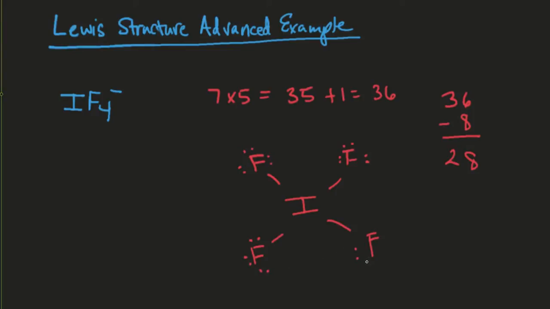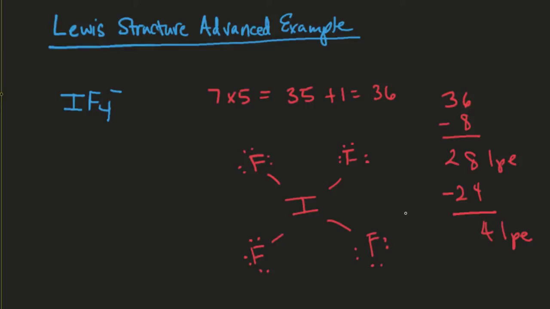And that's how many lone pair electrons I just drew in. But the problem is we had 28 lone pair electrons, so that we have 4 lone pair electrons left over.